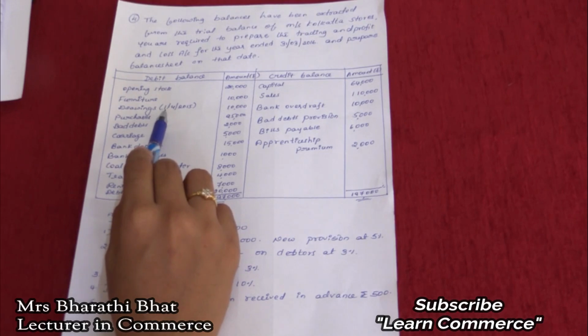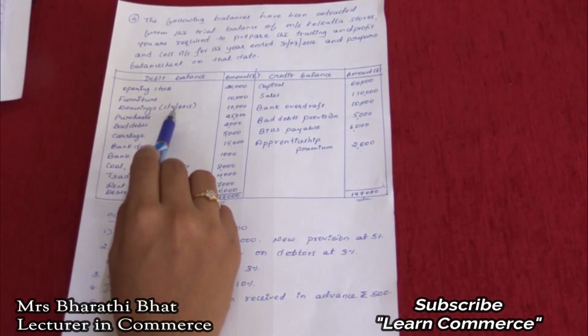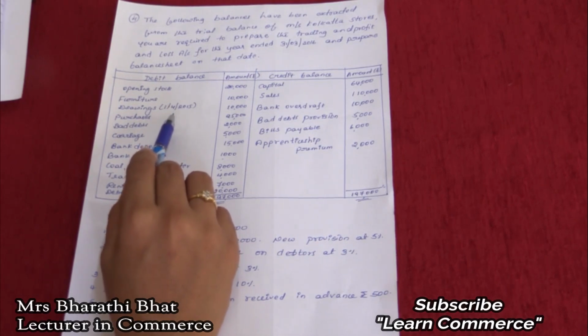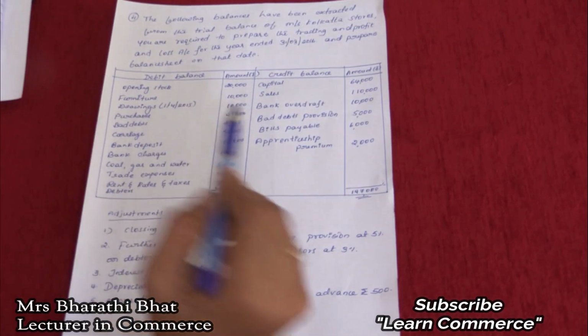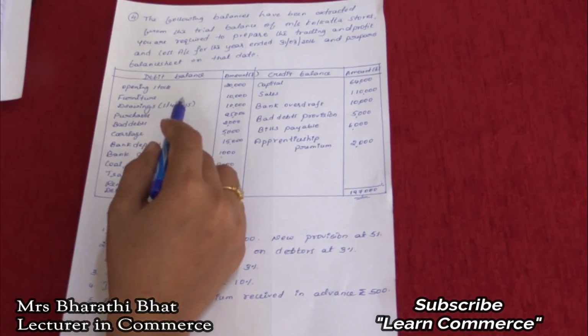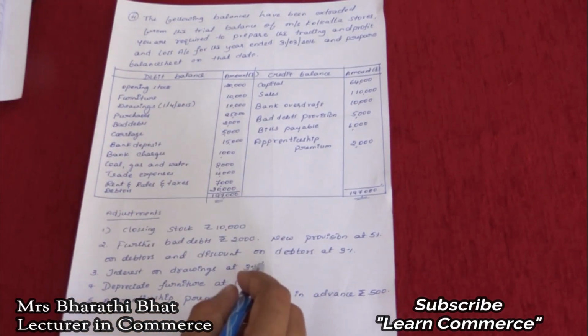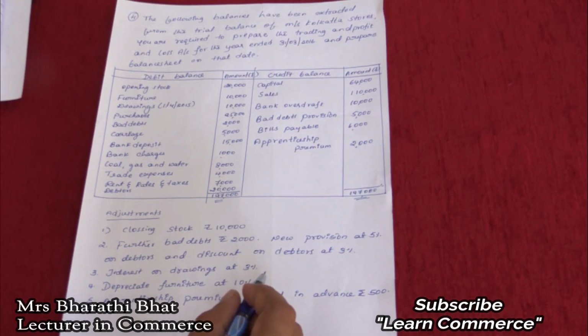This is the very beginning of the year 1/4, when the business starts, when they withdrew. So this is considered very important when the adjustment relates to drawings, say for example interest on drawings. At that time, when we calculate interest on drawings, we should consider the date of drawings also, the date when we withdrew.